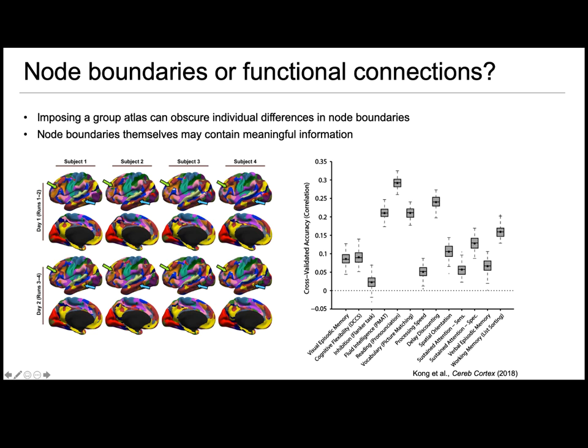This is a really big bummer. If anyone wants the references to these papers, please talk to me afterwards. But essentially, they were able to predict many of these HCP behavioral measures outside the scanner by just looking at the boundaries of an individual's parcellation and trying to match that to a subject in the training set that had similar boundaries. So it does seem that these node boundaries do contain meaningful individual information.